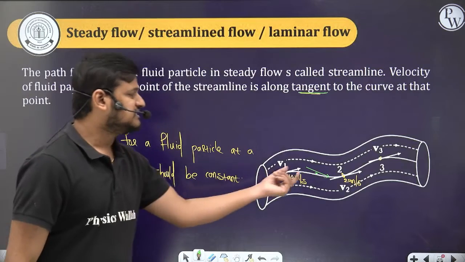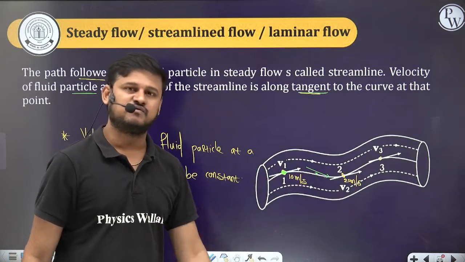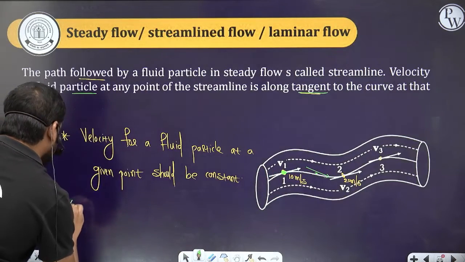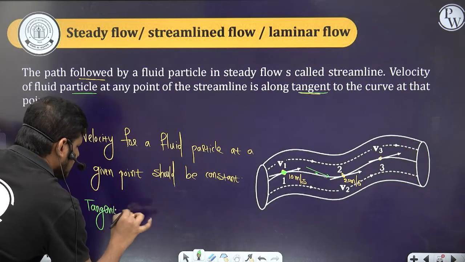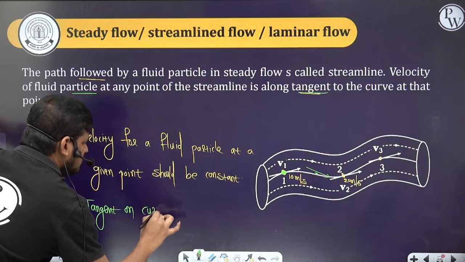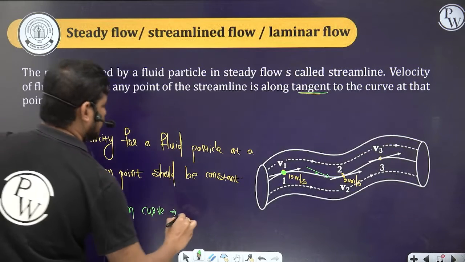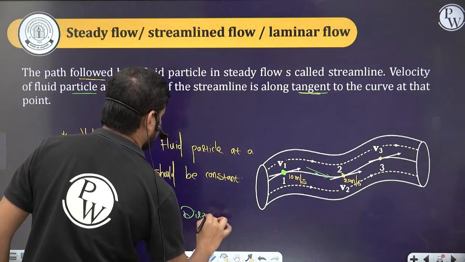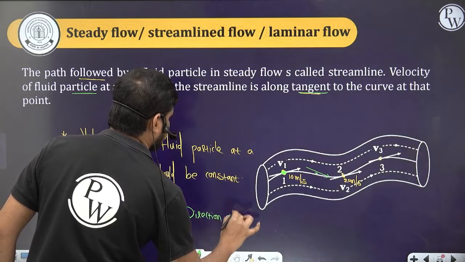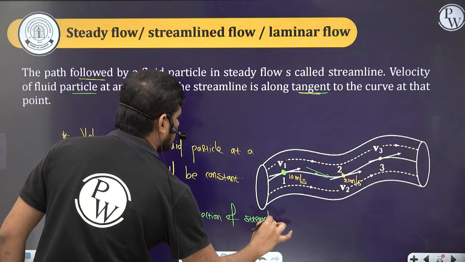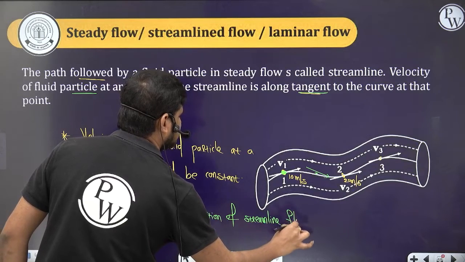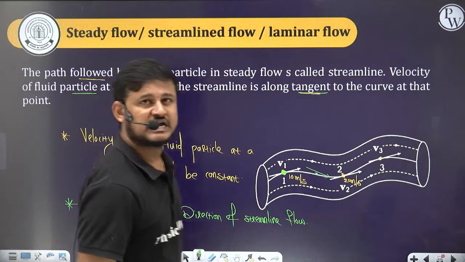So the tangent on the curve gives the direction of streamline flow. Clear, guys?